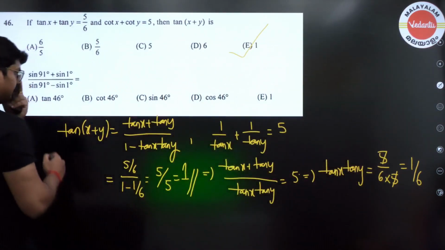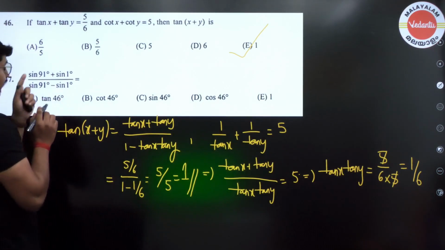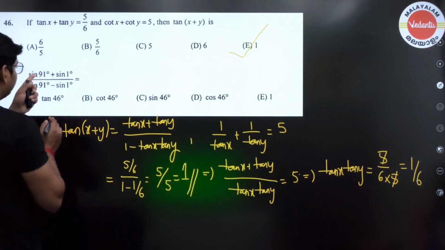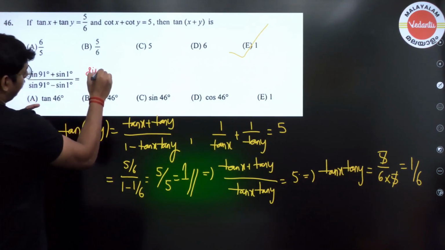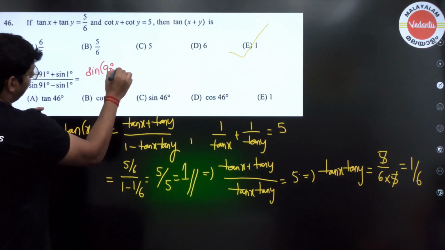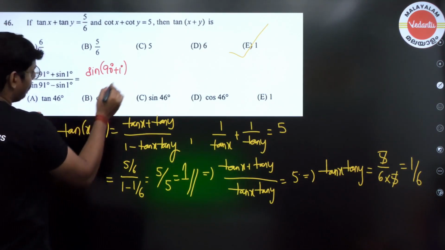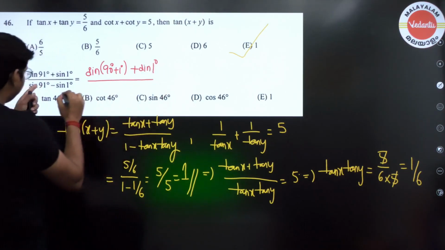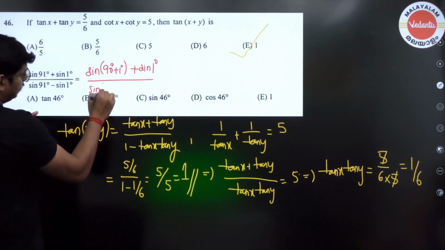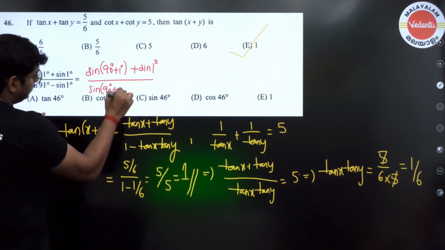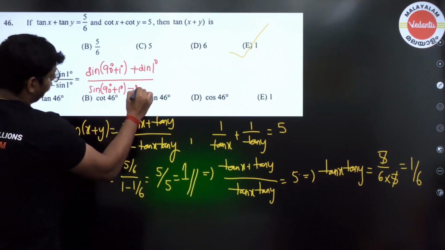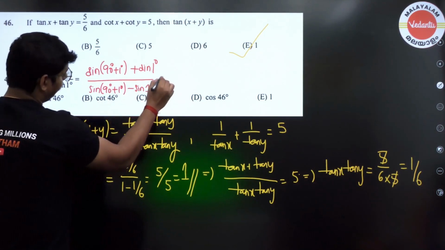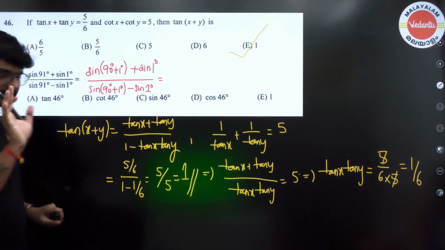You see here, this is sine 1 degree, sine 91 degrees. Now sine 91, you can write it as sine of 90 degrees plus 1 degree plus sine 1 degree here. And similarly sine 91 again here, so sine 90 degrees plus 1 degree minus sine 1 degree. Now sine 90 plus theta is cos theta.